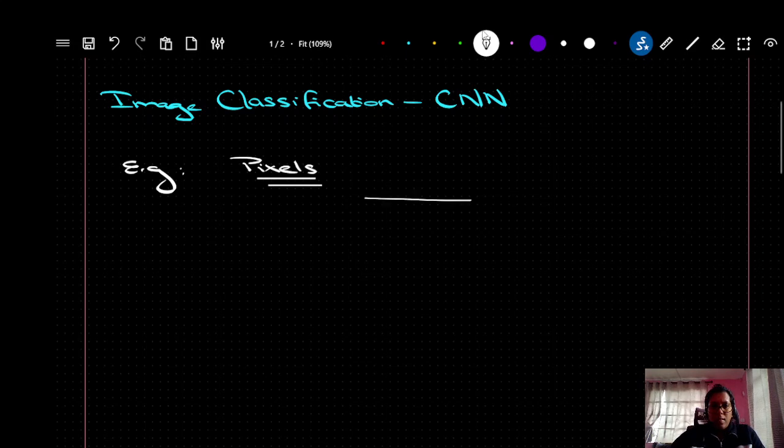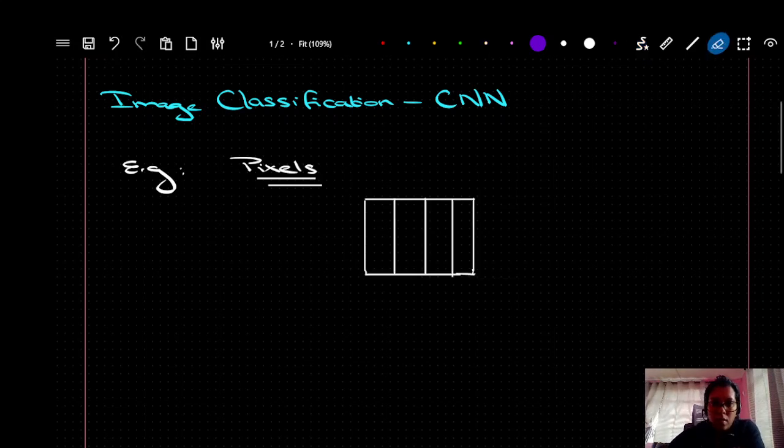So let's say you have a 4x4 pixel image, okay. So you have four squares and four squares here. So it's a 4x4 pixel image.